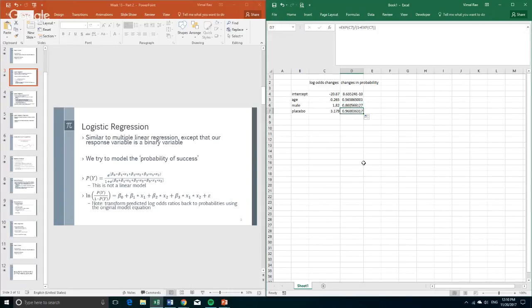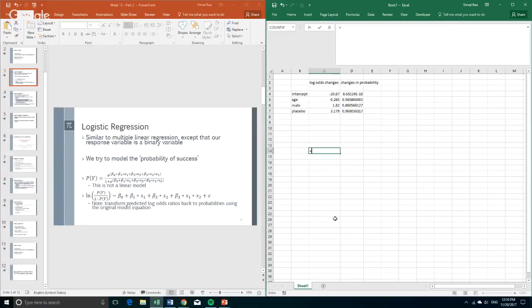But you can't just do this already, because the probability is always between 0 and 1. If my probability of feeling pain was 0.5, and then you find out that I'm on the placebo, the probability isn't going to increase by 0.96, right?